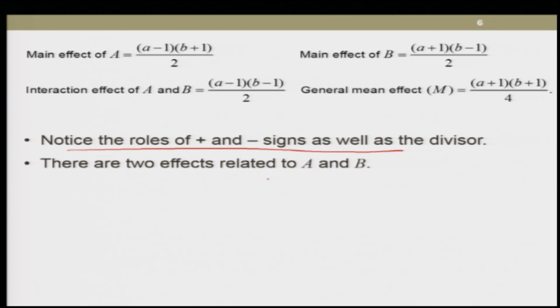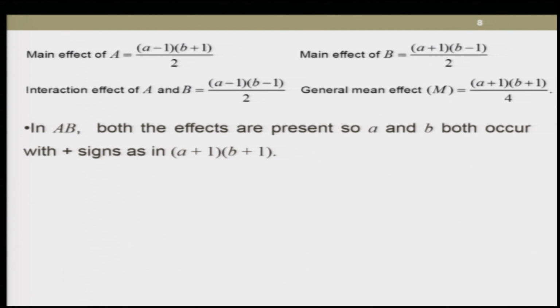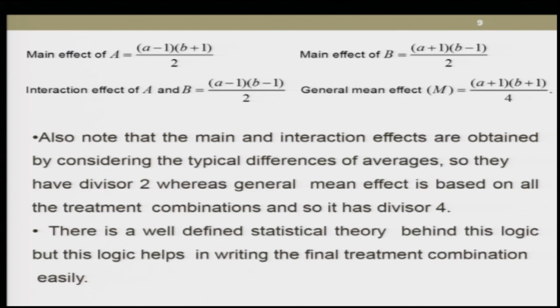There are 2 effects which are related to A and B. In case you want to obtain the main effect of A, then you have to write down minus, otherwise you write down the plus sign with the remaining aspect. So, this is the same thing which I have given here in more detail for your more understanding, the same thing that I have just explained to you.